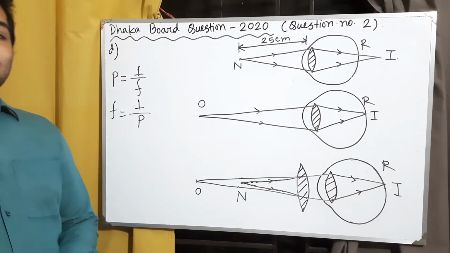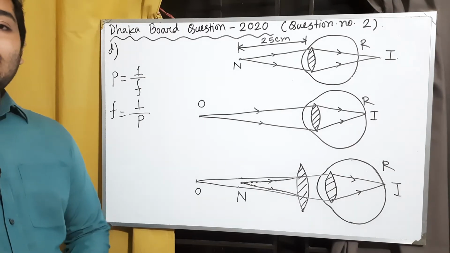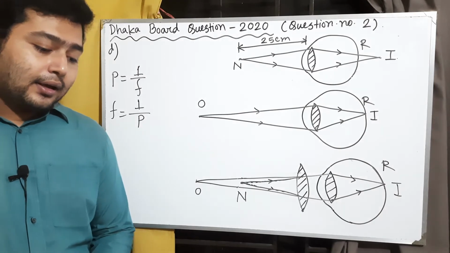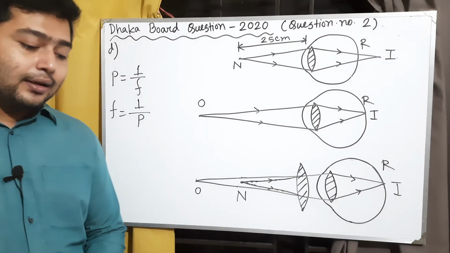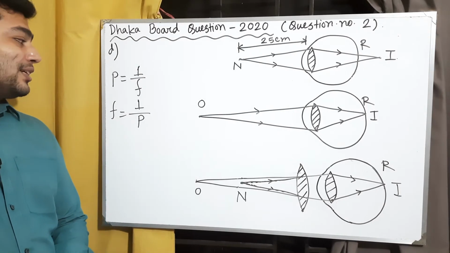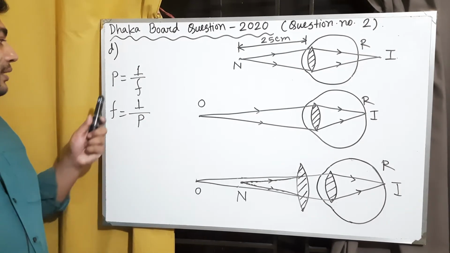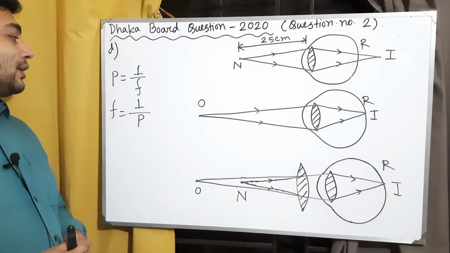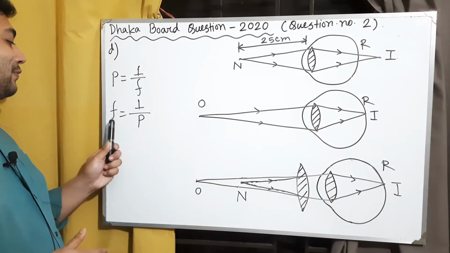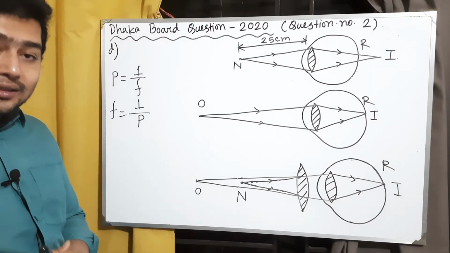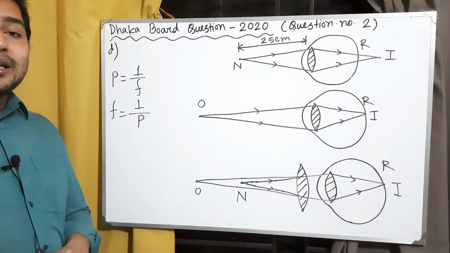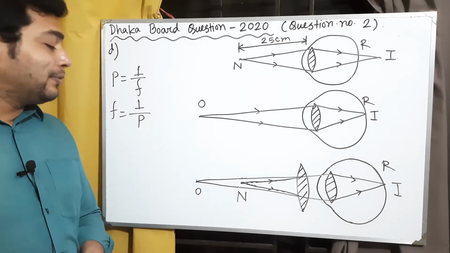In the stem it is given that Mina's grandmother's problem arises when the power of her eye lens is decreased. The relation between power and focal length is P equals 1 by F, so F equals 1 by P. So if power is decreased, then the focal length of the lens will increase.